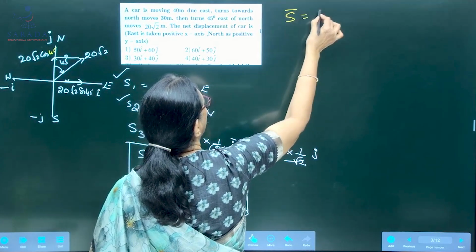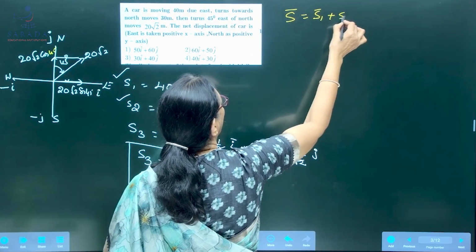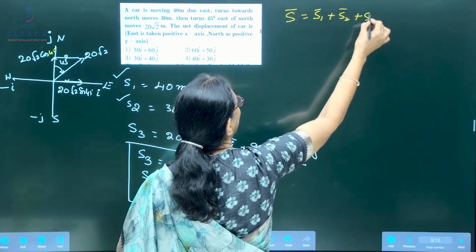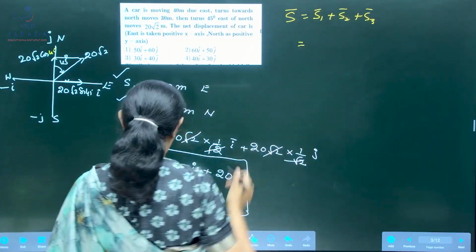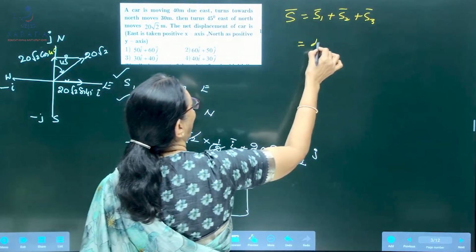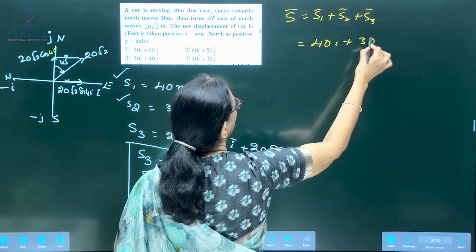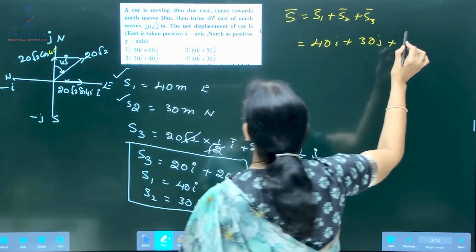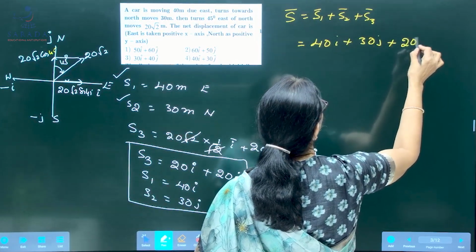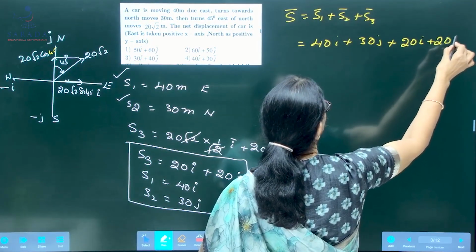S bar is equal to S1 bar plus S2 bar plus S3 bar. S1 is 40i, S2 is 30j, S3 is 20i plus 20j.